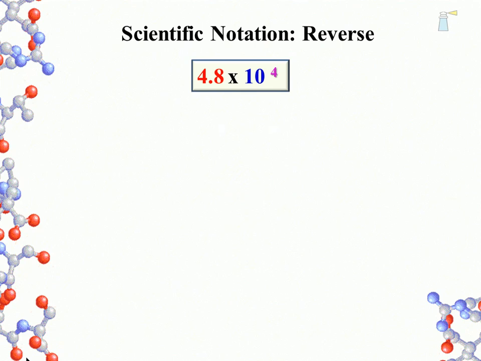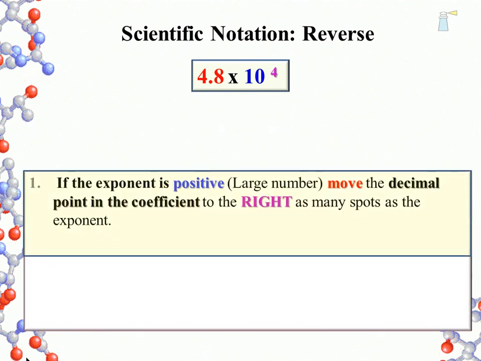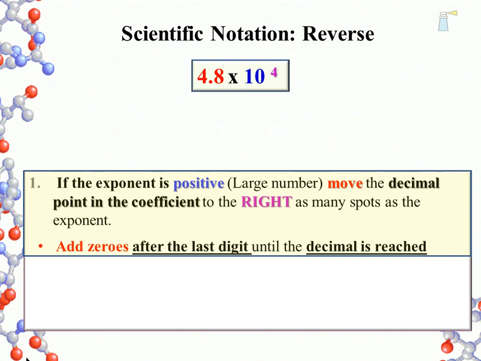Path 1. If the exponent is positive, that'll be for a very large number like this one, move the decimal point in the coefficient to the right as many spots as the exponent, even though there may not currently be any numbers in those places. Then add zeros after the last digit until the decimal is reached.